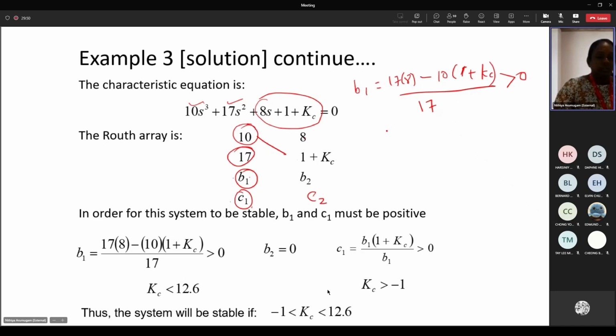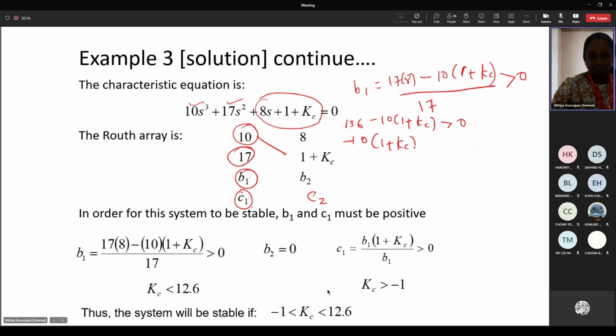We can actually solve this inequality, but we don't have the Kc value, so we assume everything is more than 0. 17 times 8 gives 136, minus 10 times (1 plus Kc), more than 0.